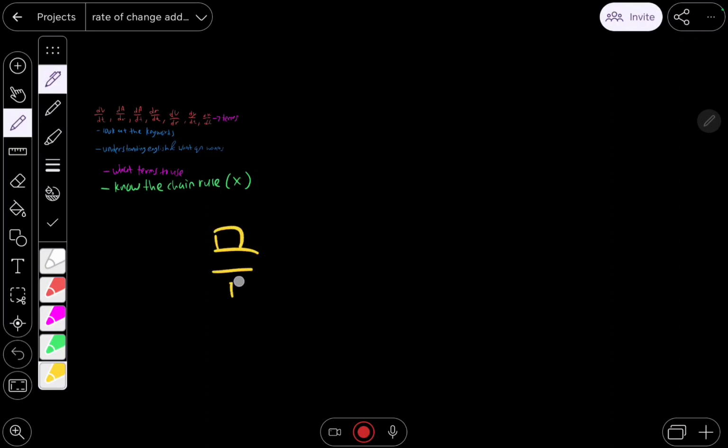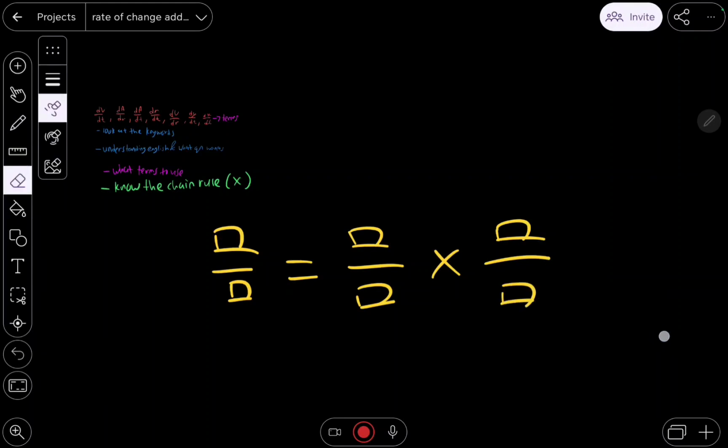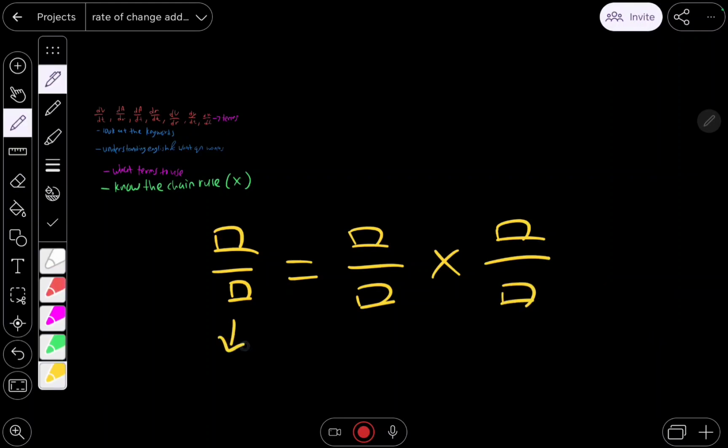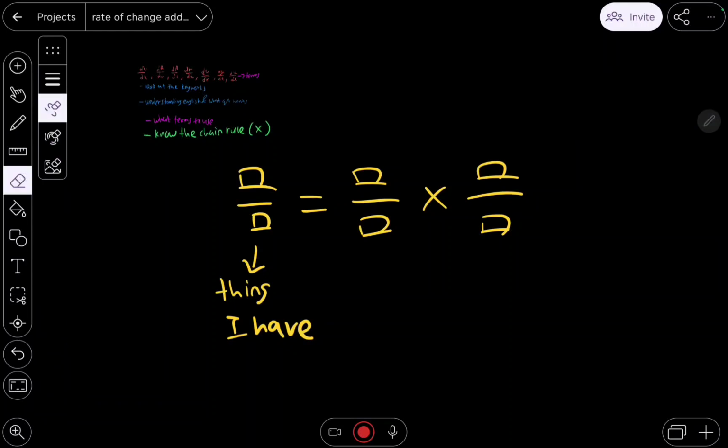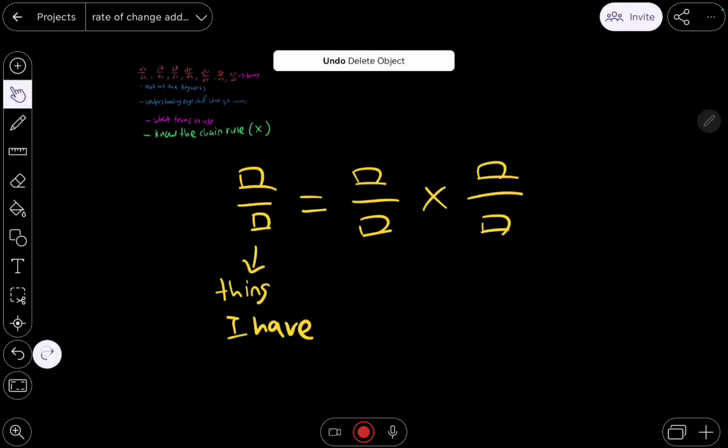So let's say I got like this. I can put it in any order I want, but let's just say this is the thing that I have. But usually for rate of change, I won't usually do it this way. I will do the one in red, which I will show you shortly.